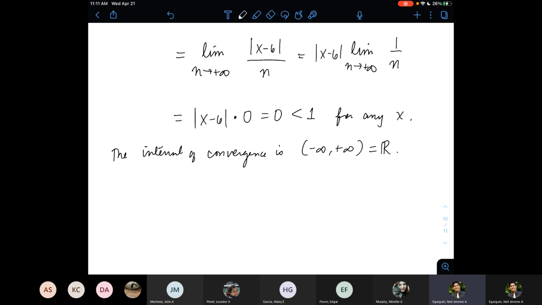Okay, so let me see Morel's question over here. You need to check whether this converges absolutely or converges conditionally.